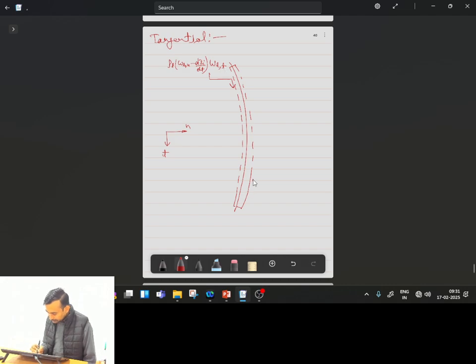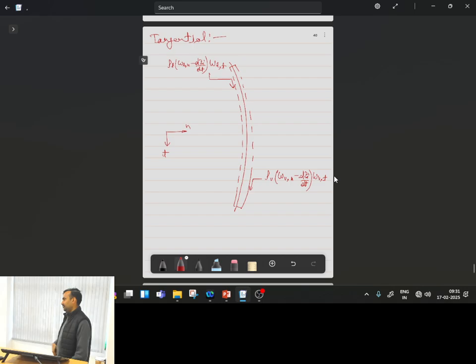Likewise, rho V into WVN minus dZi by dt times WVT. This will be the momentum of the vapor in the tangential direction. Other than this, what will I have? In the tangential direction one important term comes, which is shear stress.